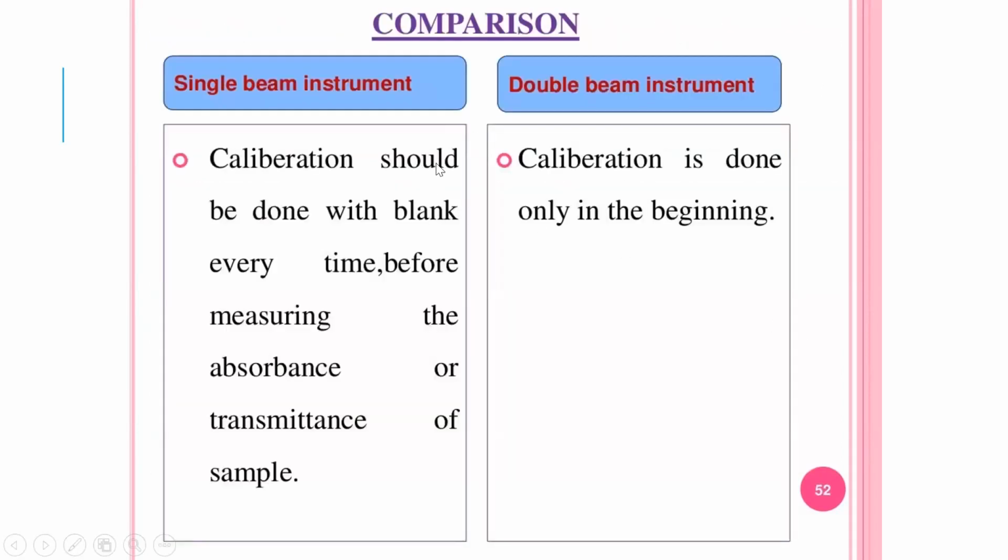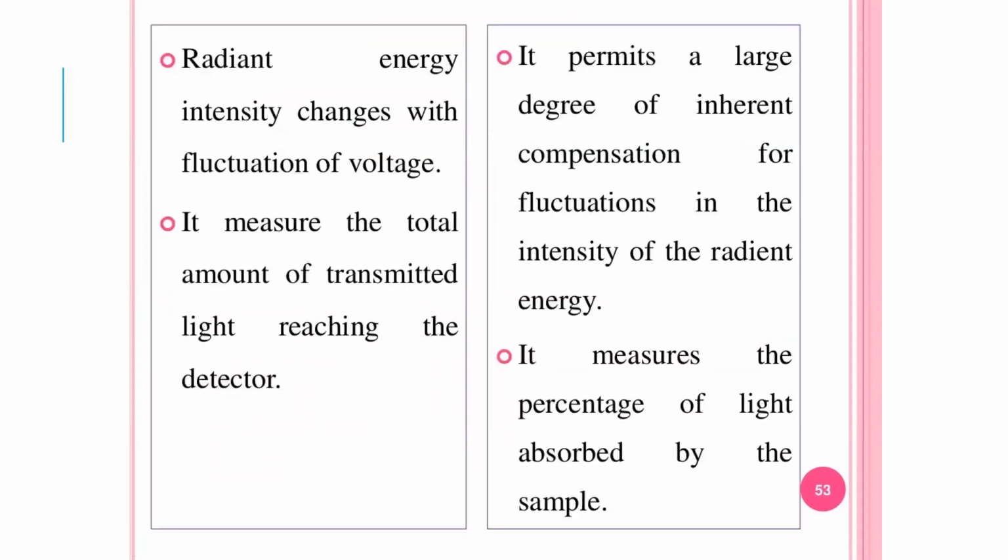There are some differences between single beam and double beam UV spectrophotometers. In single beam, calibration should be done with a blank every time before measuring the absorbance, and in the case of double beam, calibration is done only at the beginning. Radiant intensity changes with fluctuation of voltage, but in double beam the fluctuations do not have much effect.